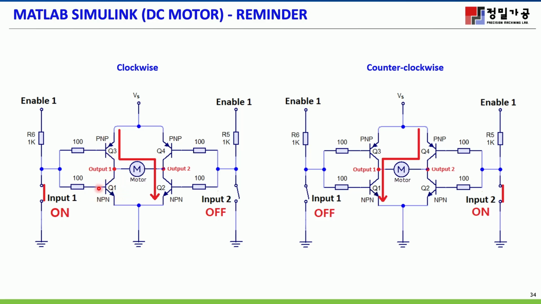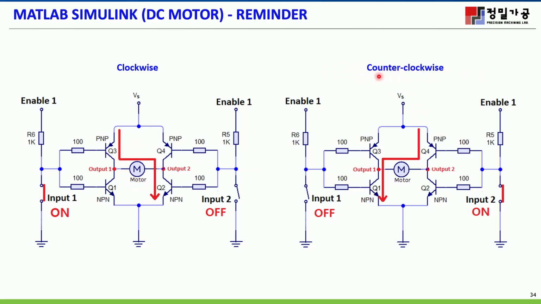This one is not active, so the current will go through here, so the motor will rotate clockwise, absolutely. And on this side, the input is off, it means open. This one is high state. When it's high state, this one is active and this one is not active. Basically the current just goes through here, so the motor is able to rotate clockwise.